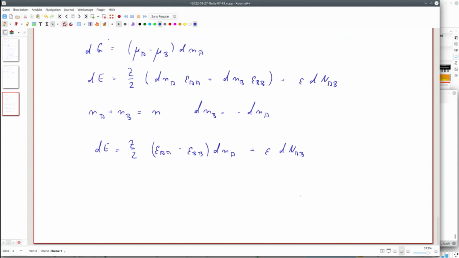And if you compare this with the expression above, you see that this is our delta mu.